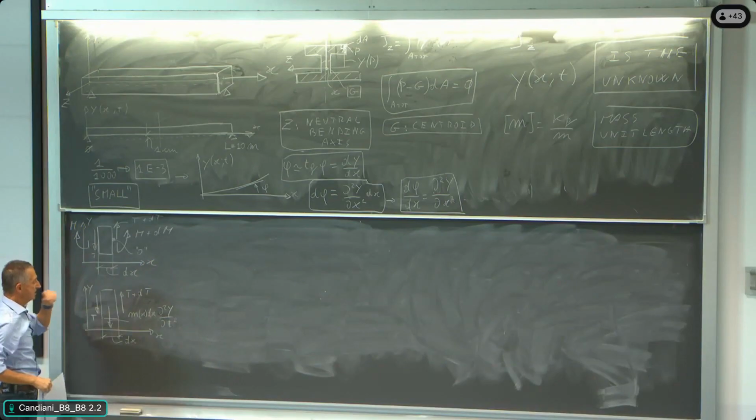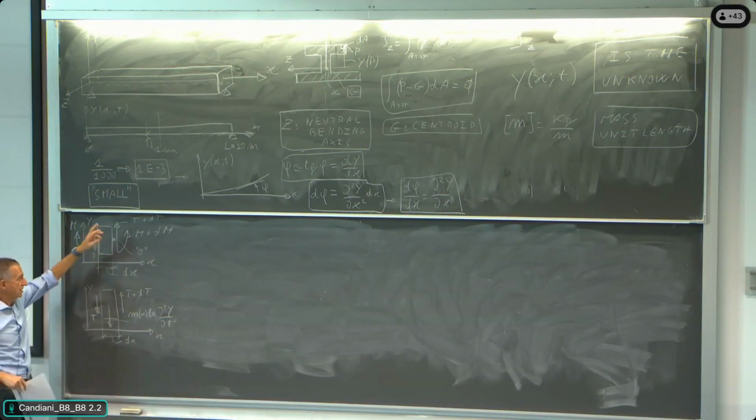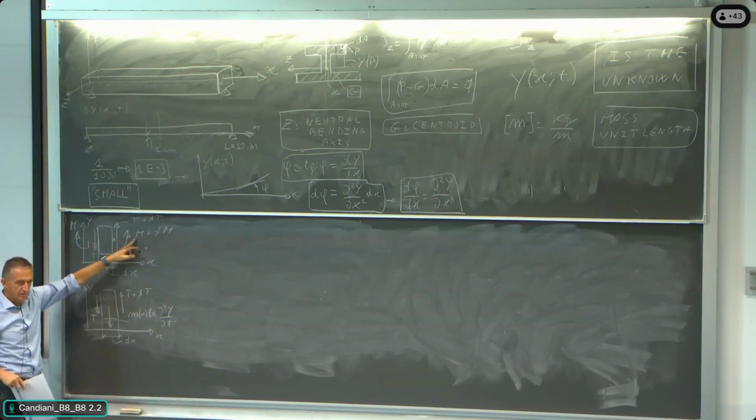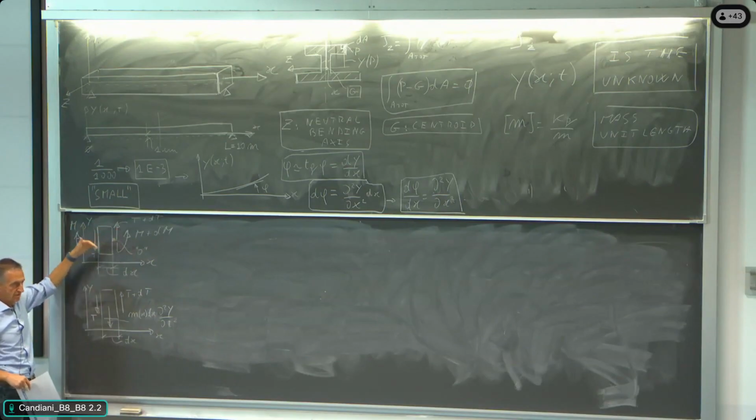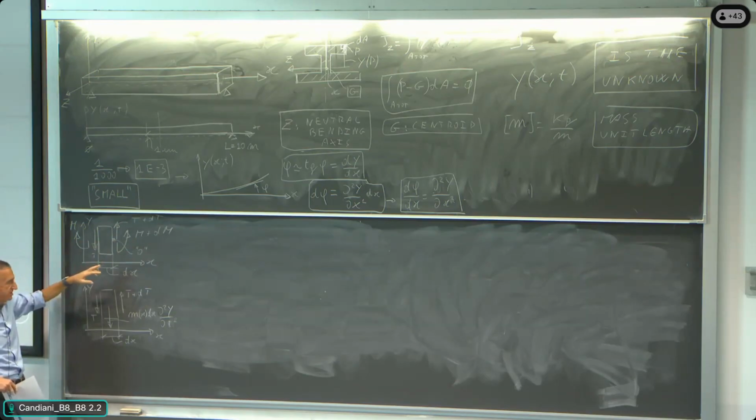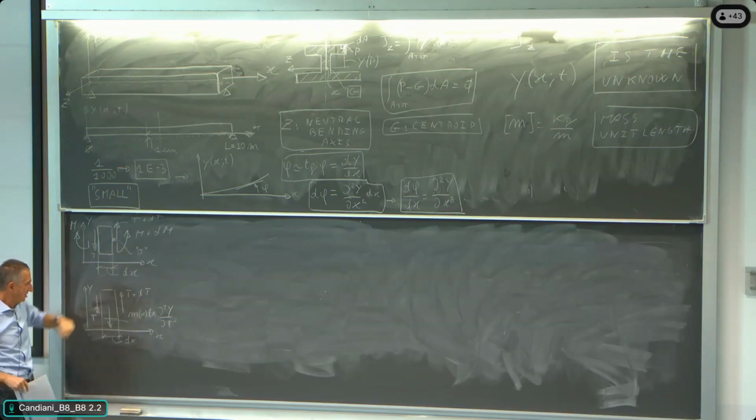So we are considering the internal actions in the beam: bending moment, shear, and the axial action, but at the moment we are not considering it. So we are just considering shear and moment for now.